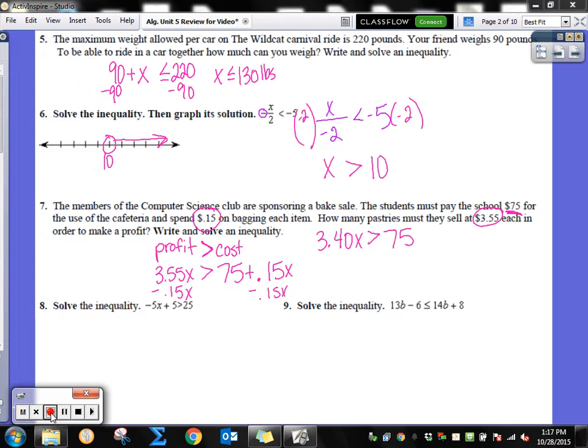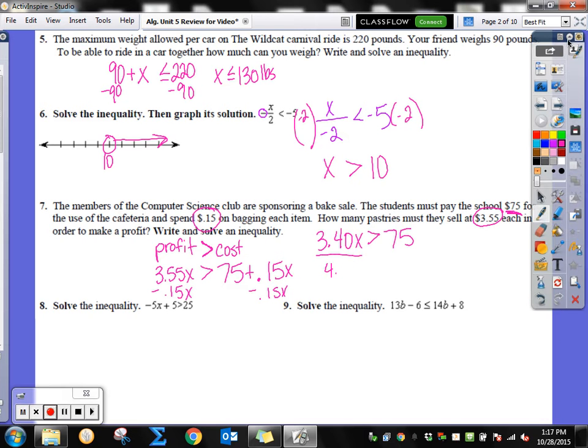So when we divide by 3.4, we get that x has to be greater than 22.06. Now, technically, this does not answer our question because it says how many pastries.